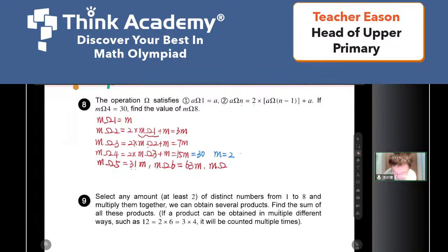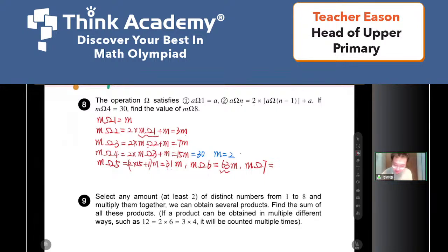M omega 7 is 2 of, yeah, maybe I write it more clearly. So this is 2 times, and write it here. Right. So that's easier for you to understand.